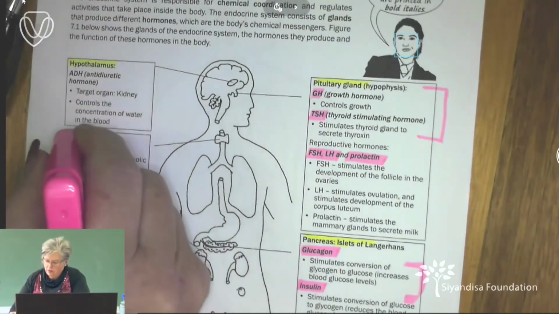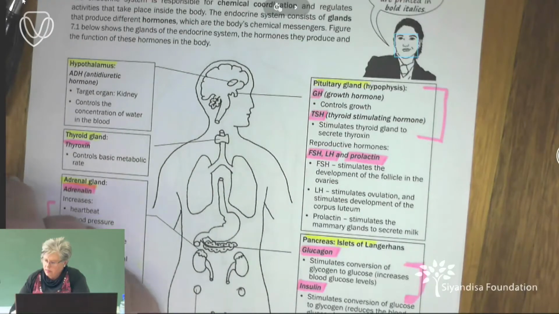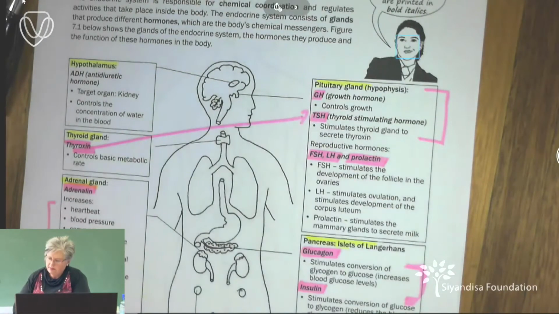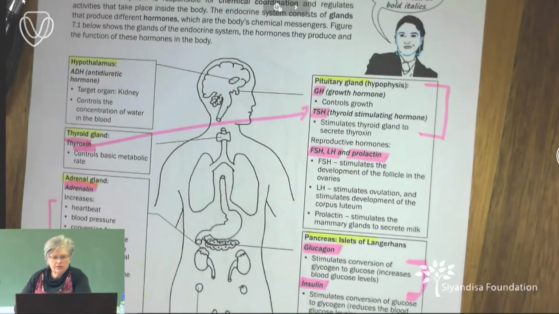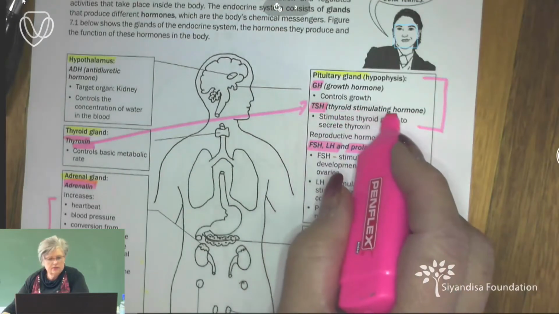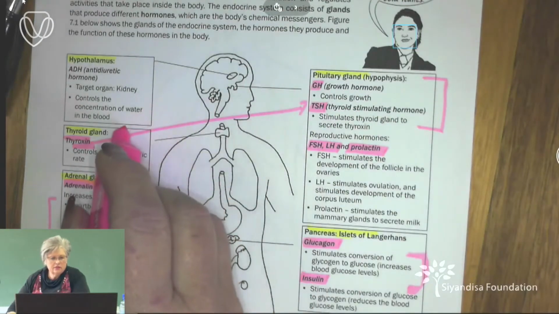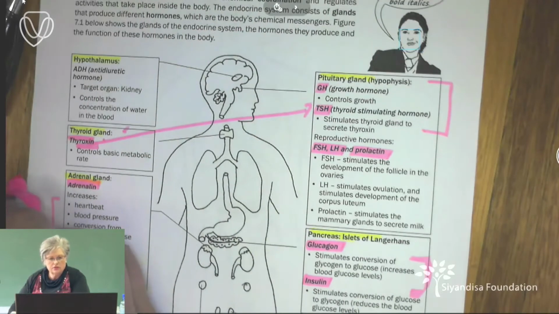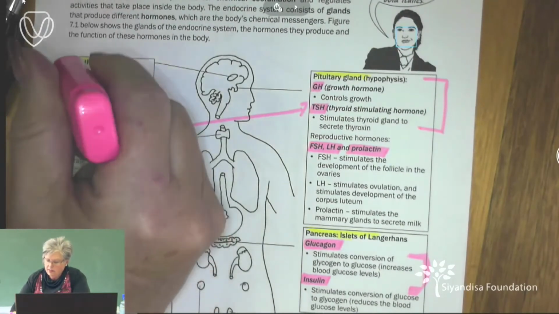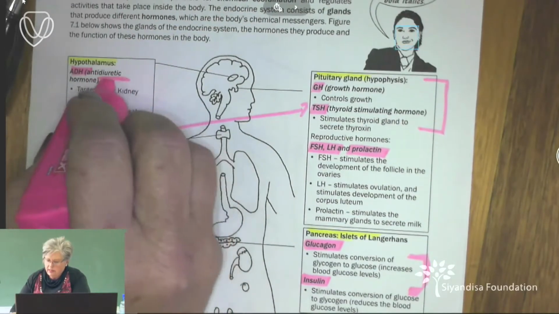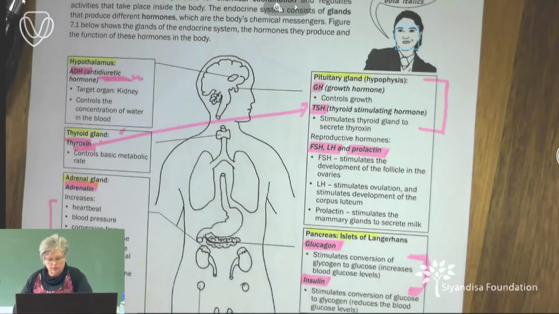Then we have the thyroid gland, which has a negative feedback mechanism with the pituitary gland, because the pituitary secretes thyroid stimulating hormone, which stimulates the thyroid gland to secrete thyroxine. And then lastly, ADH, which we have for the control of water in the body.